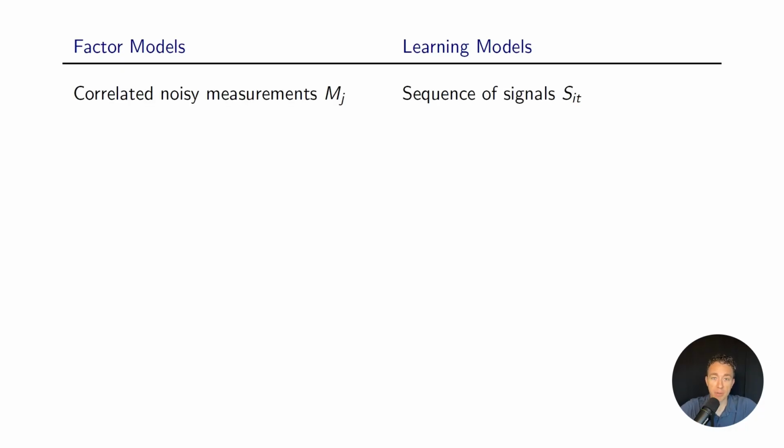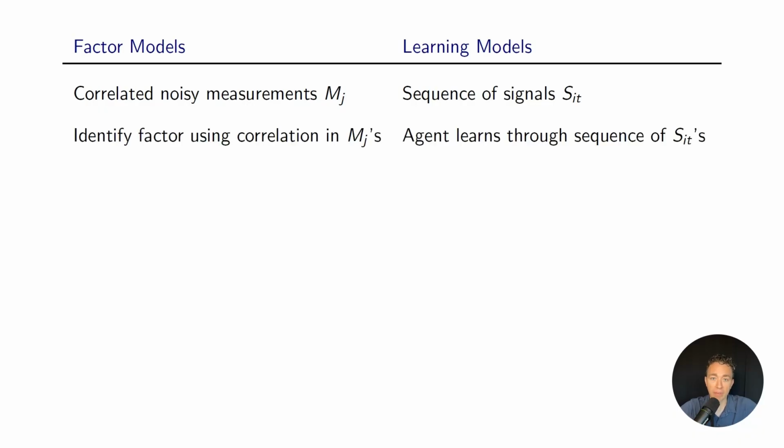If you recall from factor models, we had a set of noisy measurements, which we indexed each measurement by m sub j. And in learning models, we have a sequence of signals, which we index by s sub it. In factor models, what we're trying to do is use common correlation among the m sub j's to infer what the underlying low-dimensional factor is, and separate that from measurement error.